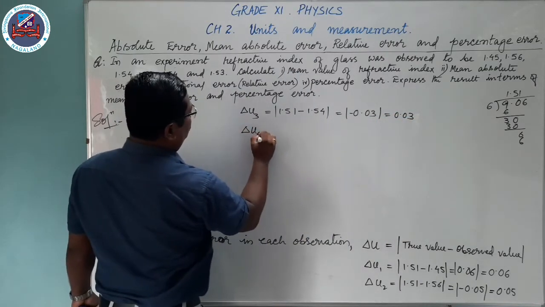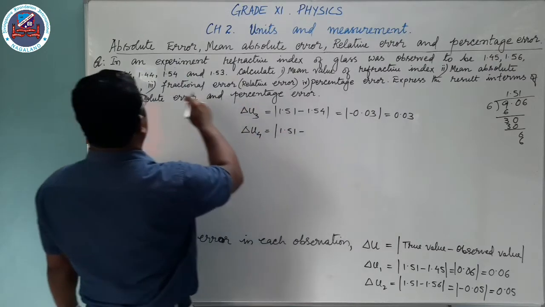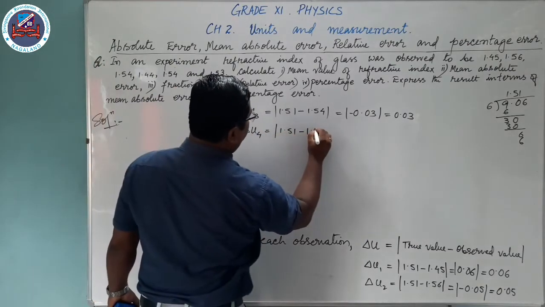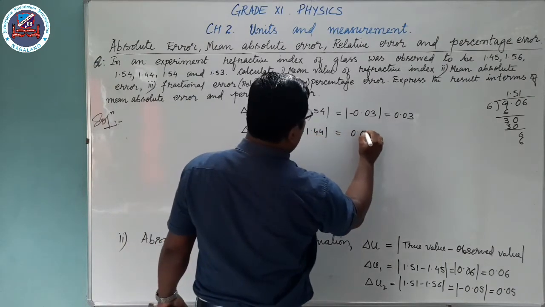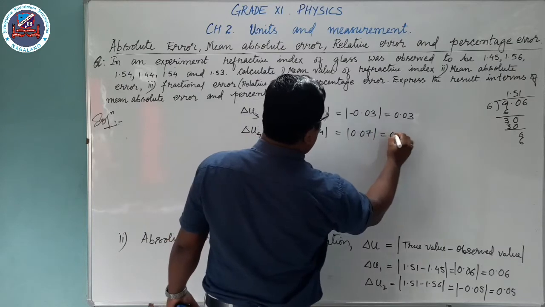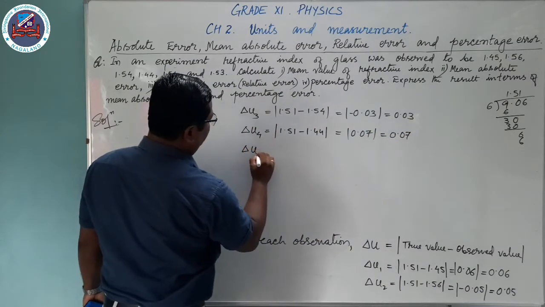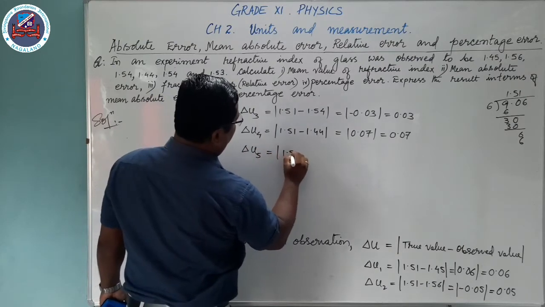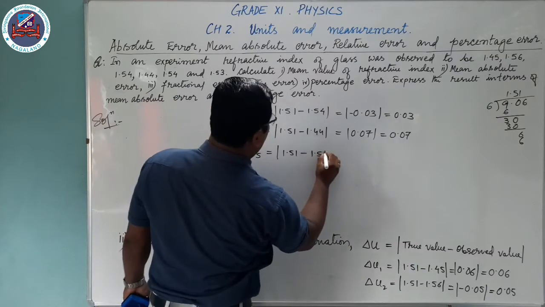Delta U4: 1.51 minus 1.44. This time you will get a positive value, 0.07. It will remain positive only. Then next you will get delta U5: 1.51 minus 1.54.